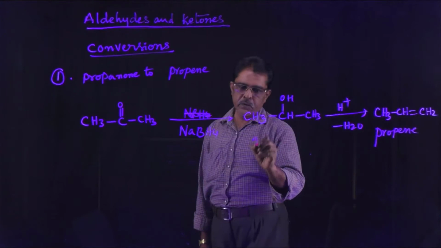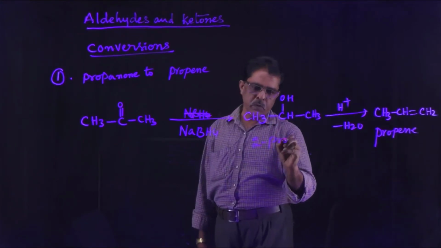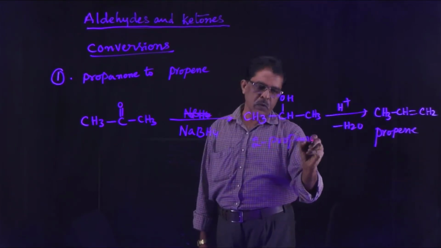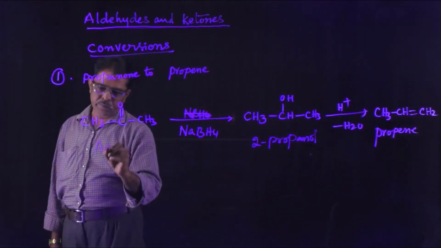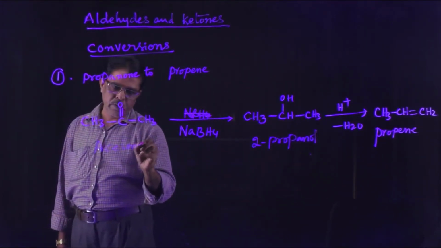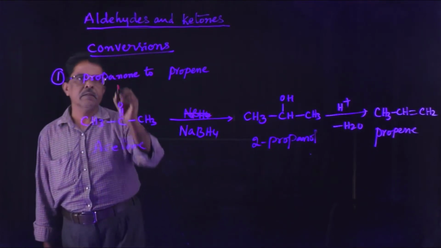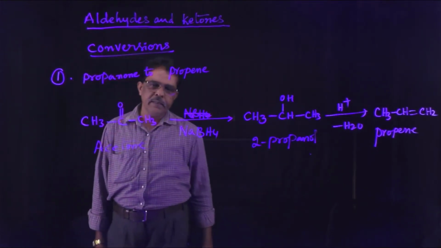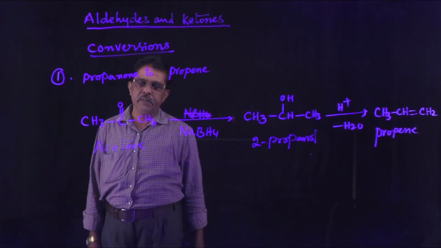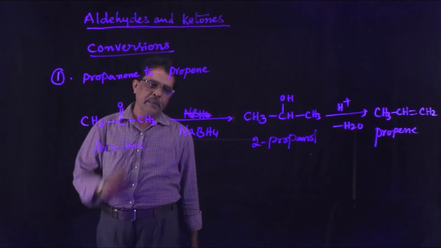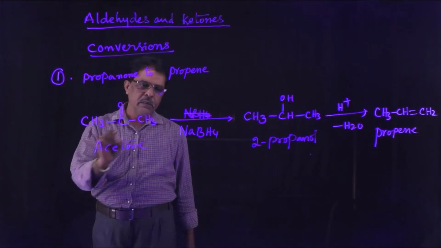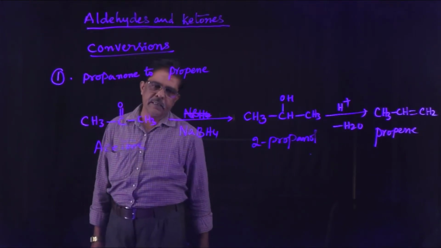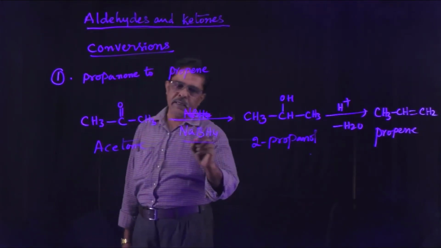This is the 2-propanol, right? This one is acetone. Acetone is nothing but propanol, right? Understand? This is the first conversion, propanol to propene. So first, we reduce the acetone in the presence of the reducing agent sodium borohydride.